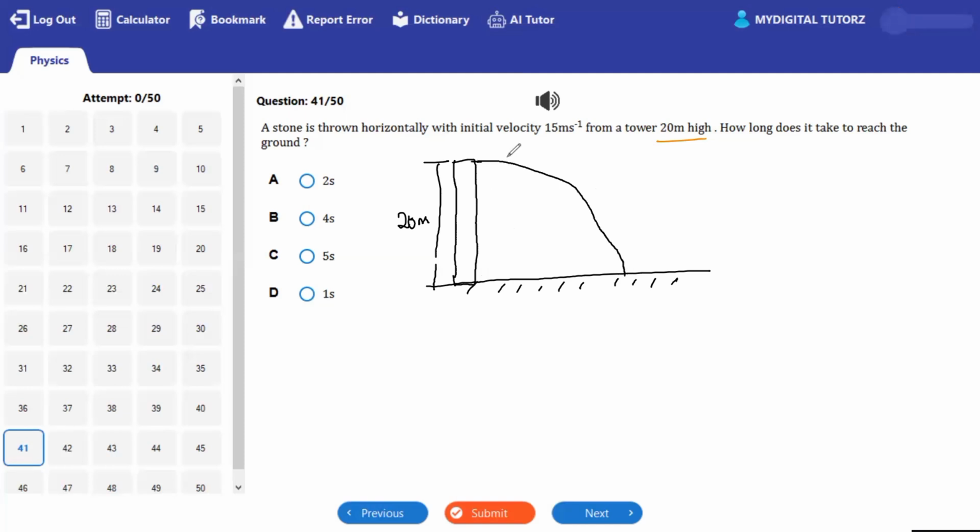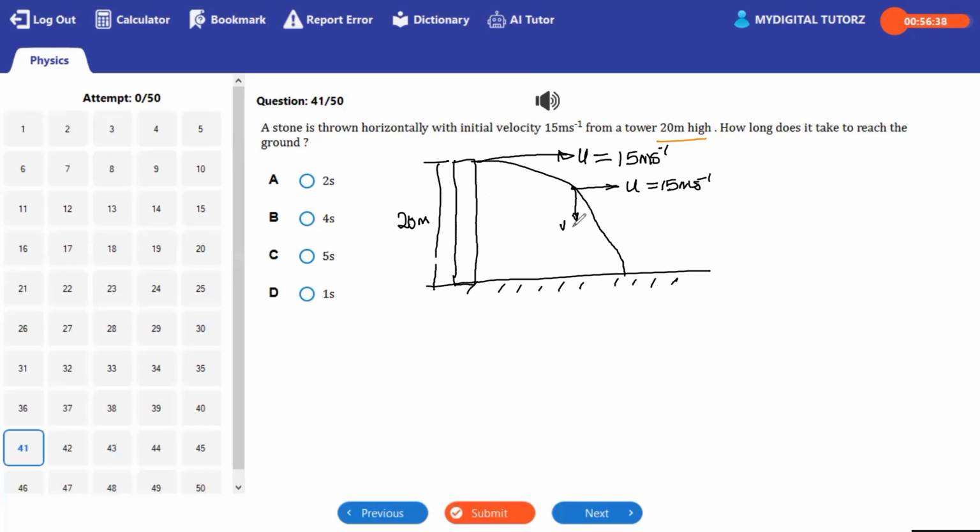So this is the horizontal velocity u, which is equal to 15 meters per second. At every point of the motion, the horizontal velocity is the same, which is 15 meters per second. What keeps changing is the vertical velocity, which is under the influence of gravity.